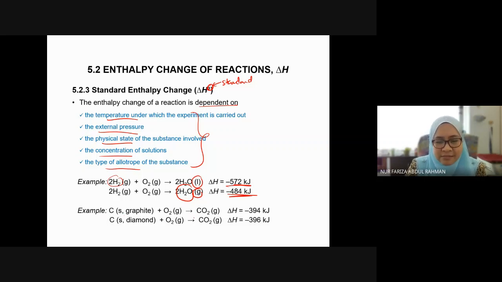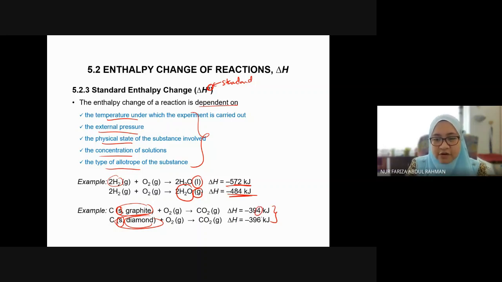Okay? All right, same goes to the second example here. We have the same equation. It's just that the allotrope of the substance, which in this case is carbon, both of them are in solid state. It's just that the allotrope, jenis solid tu, the arrangement of the molecules, is in graphite state, and the other one is in diamond state. Nampak tak dia punya change dia tu?